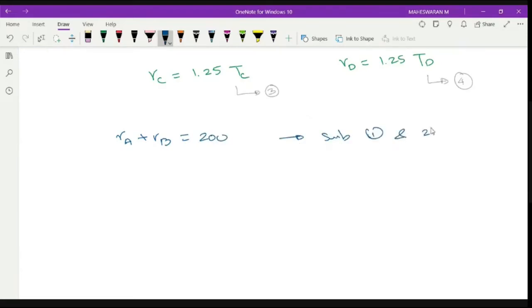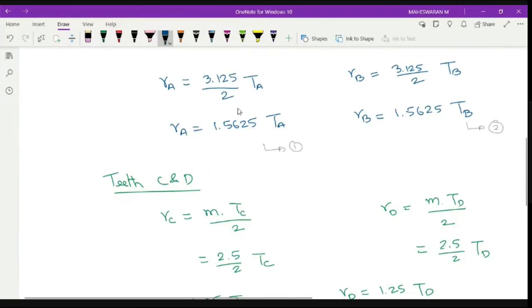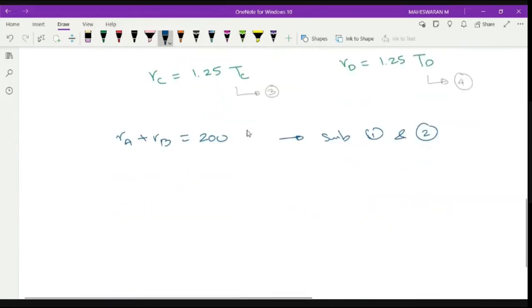1 and 2 in this. So what will I get? 1 point, so which means I will get 3 point, oh sorry, it is not possible. So I will get it as 1.5625. The common term, TA plus TB is equal to 200.